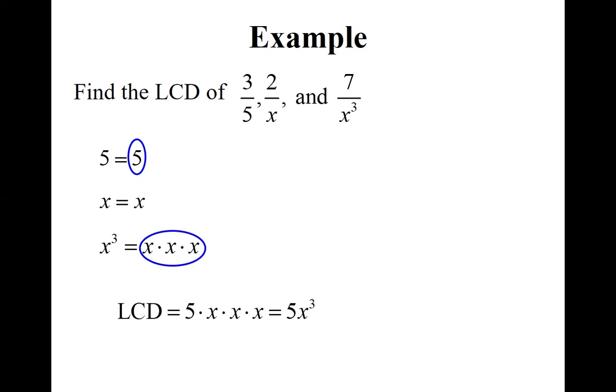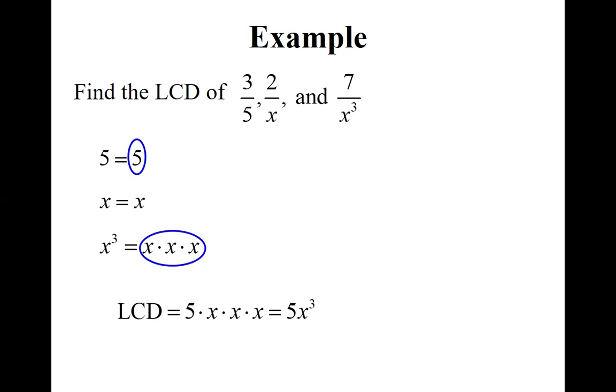Before we move on, I want to get technical with you for a second. We've been referring to the LCD of the fractions and the LCD of the numbers on the bottom both as LCDs, least common denominator. Technically, the least common denominator of fractions is the least common multiple of the numbers on the bottom.